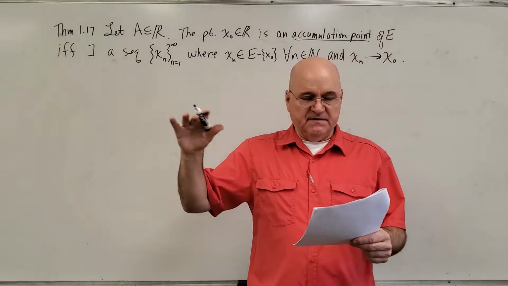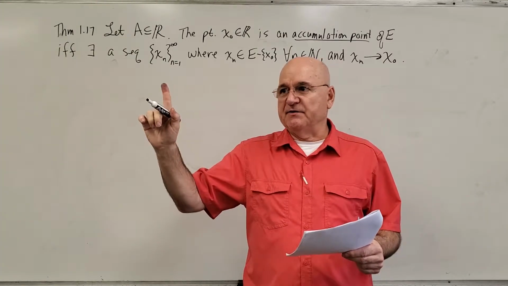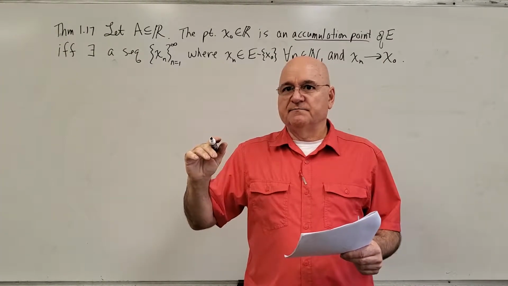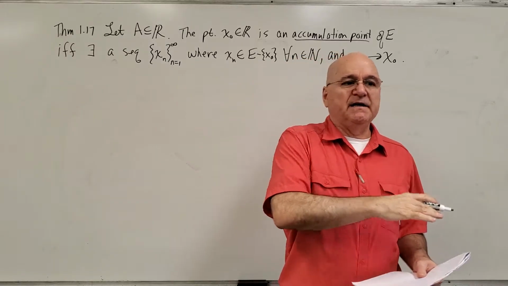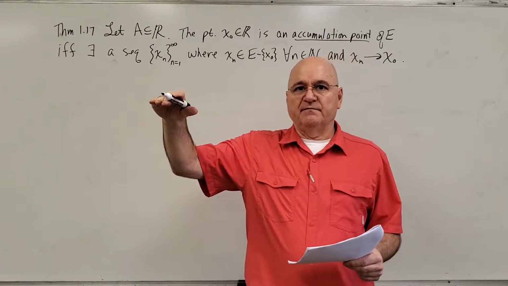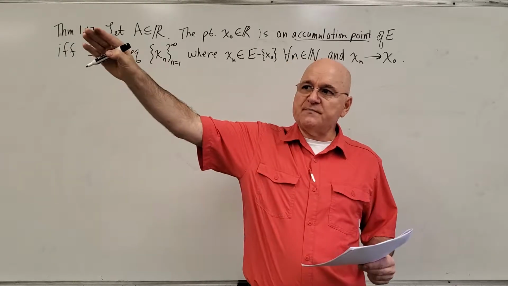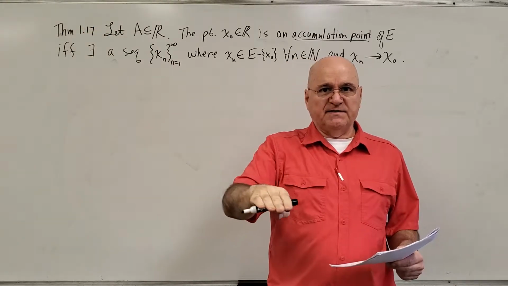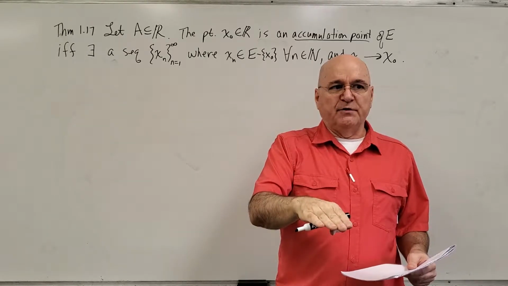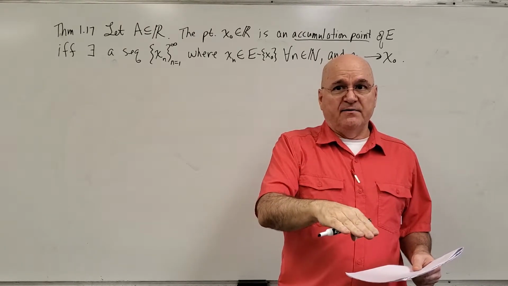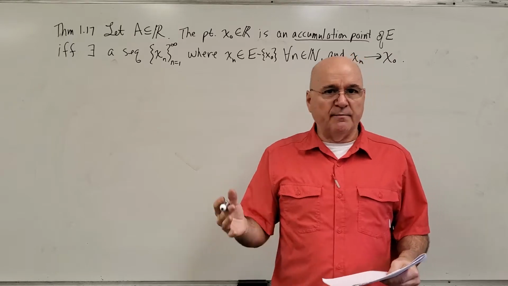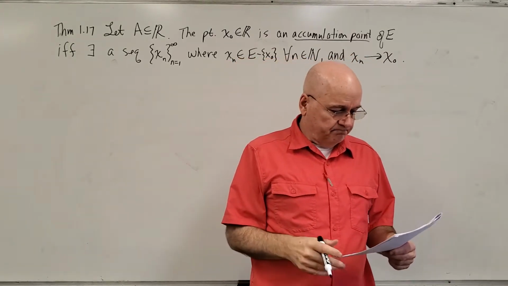If I left out the word monotone, let me go ahead and add that again. An increasing sequence bounded above converges to the least upper bound of the sequence. A decreasing sequence that is bounded below converges to the greatest lower bound of the sequence. Greatest lower bound being the infimum.